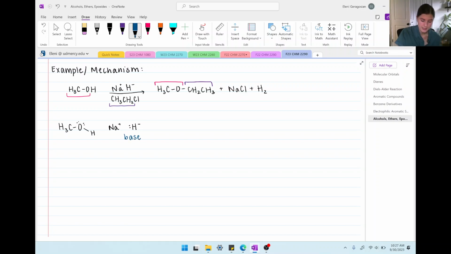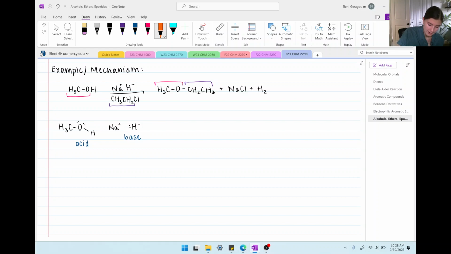So we have a base here. In our other molecule, the alcohol, alcohols can act as an acid or a base. If there is a strong base present, like the hydride, this will act as the acid. So acids donate protons, bases create new bonds to the proton.